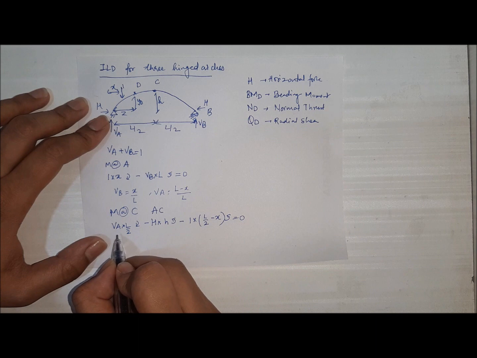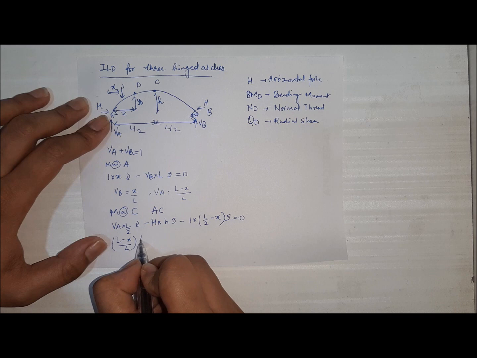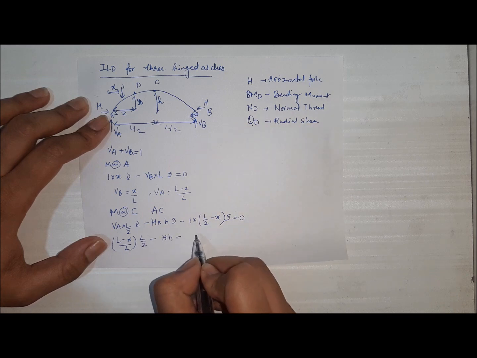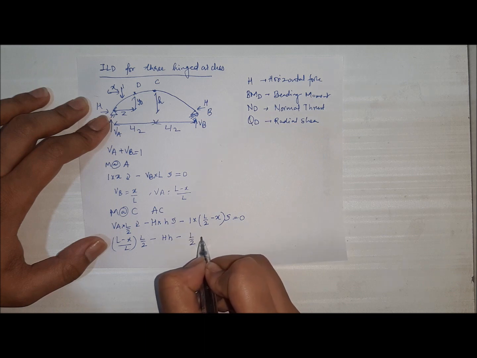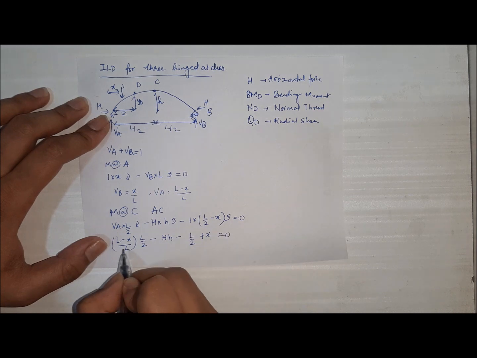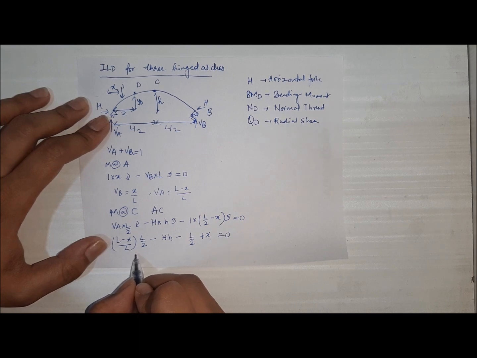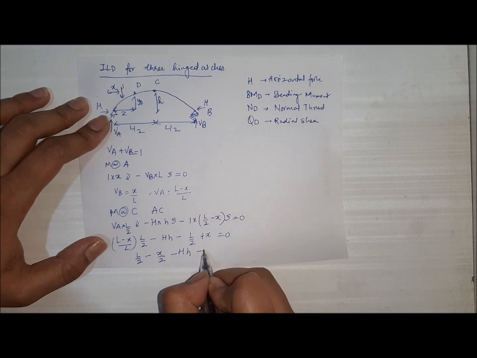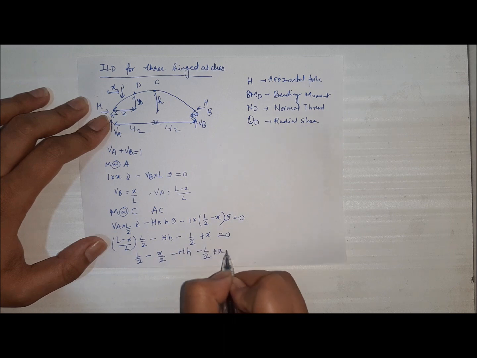Now from here we have the value of VA, (L minus x) by L, times L by 2, minus H into h, minus (L by 2 minus x) equal to 0. We will open this bracket and we now have L by 2 minus x by 2, minus H h, minus L by 2 plus x equal to 0.